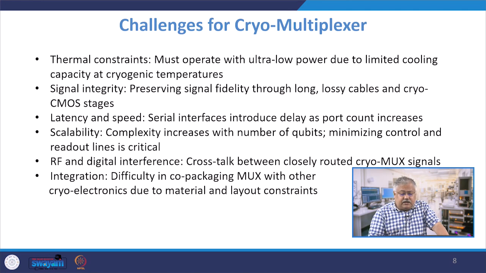What are the challenges? Very simple and easy challenges, which can be predicted a priori. One is of course the thermal constraint. Multiplexers need to operate at very low power. Signal integrity, yes, of course, you need to preserve the signal fidelity, and you need to have cryo-CMOS stages attached to it.